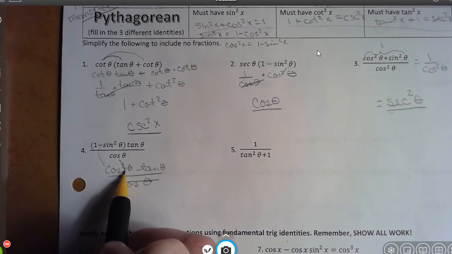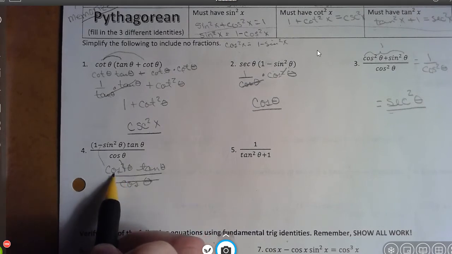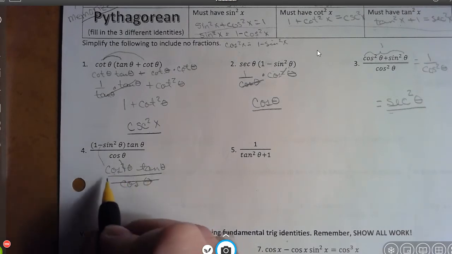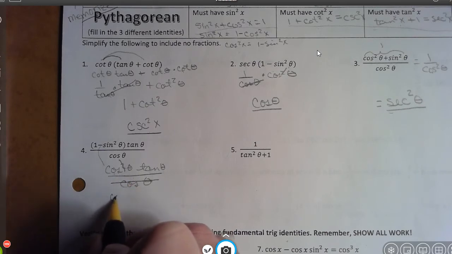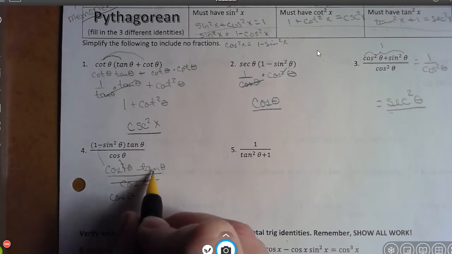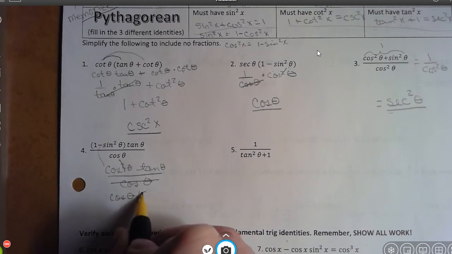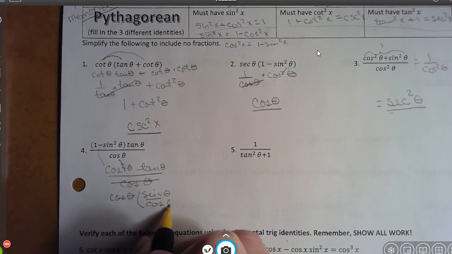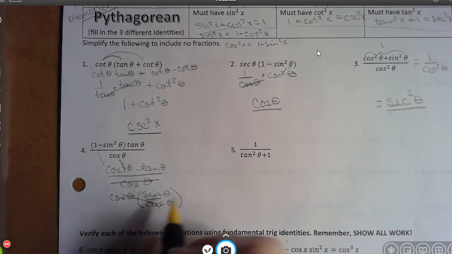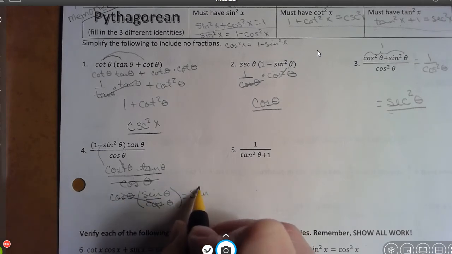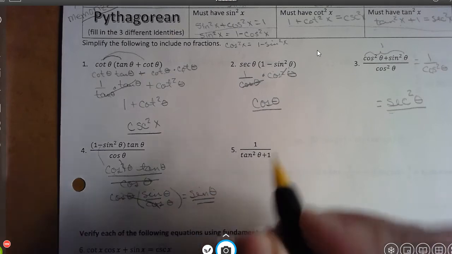This cancels the power because that was cosine times cosine. All right? So now I'm left with cosine theta times tangent. Well, tangent is sine over cosine. These cancel, giving me just sine theta.